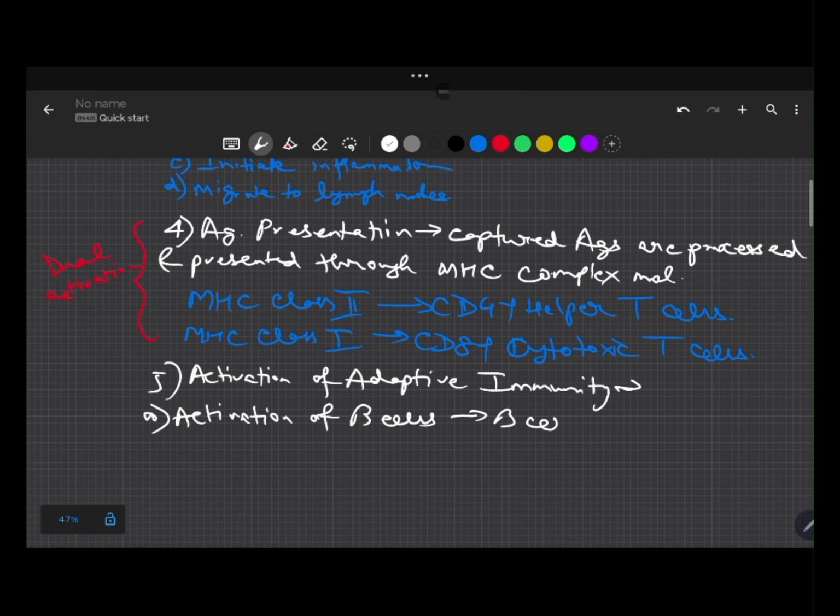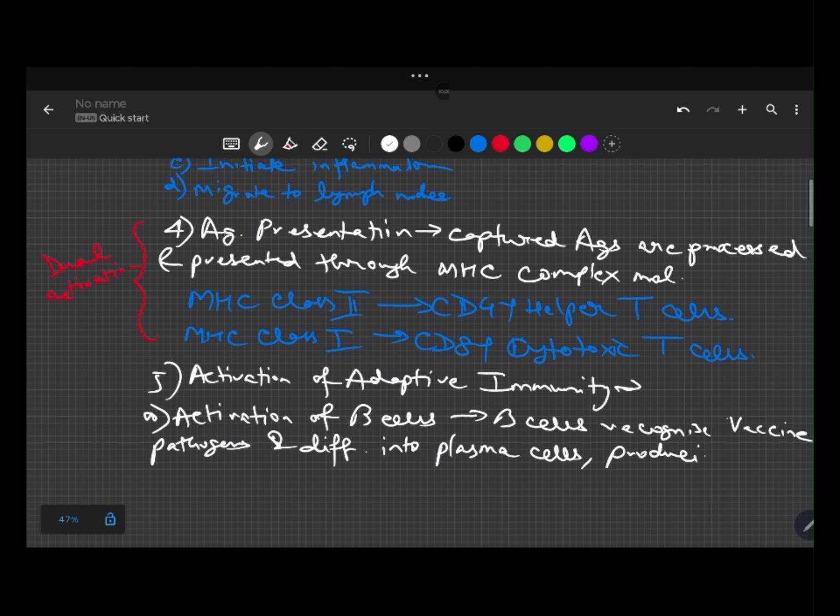B cells recognize the vaccine antigen or vaccine pathogen and differentiate into plasma cells producing specific antibodies. Okay, then comes activation of helper T cells.